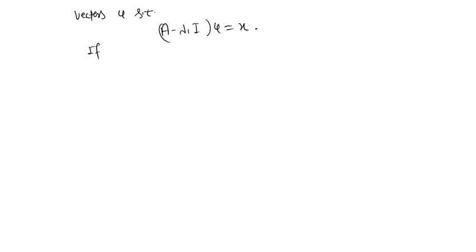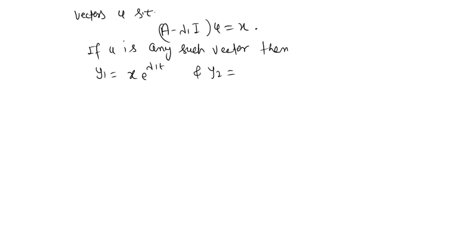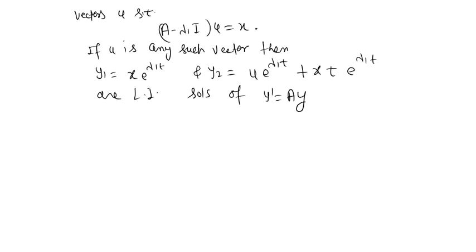If u is any such vector, then y1 equal to x e power lambda 1 t and y2 equal to u e power lambda 1 t plus x t e power lambda 1 t are linearly independent solutions of the system y dash equal to Ay.